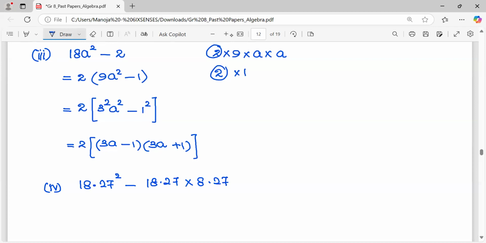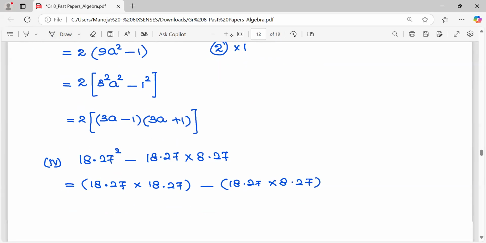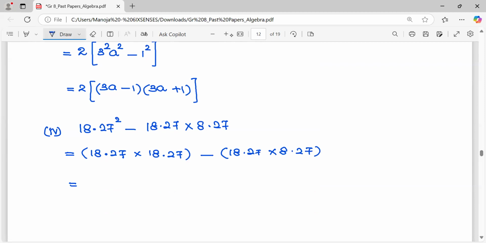First of all, you want to write down what it is: 18.27 into 18.27 minus 18.27 into 8.27. When you write it like this, you can see that 18.27 is common. And inside the bracket, we have 18.27 subtract 8.27.